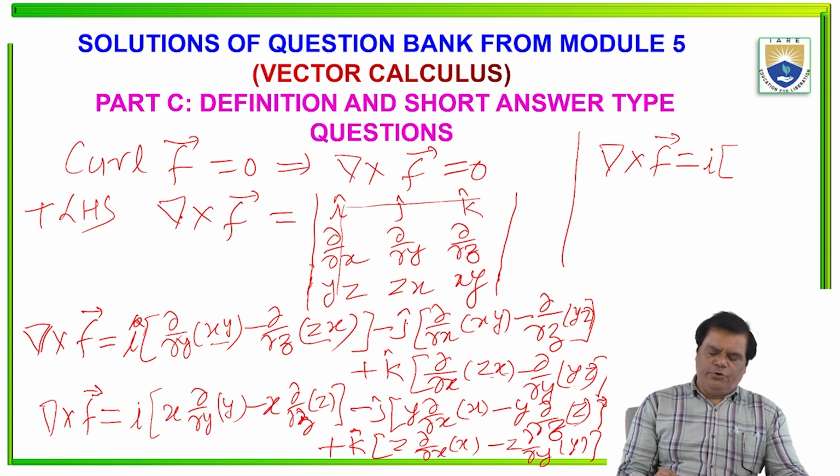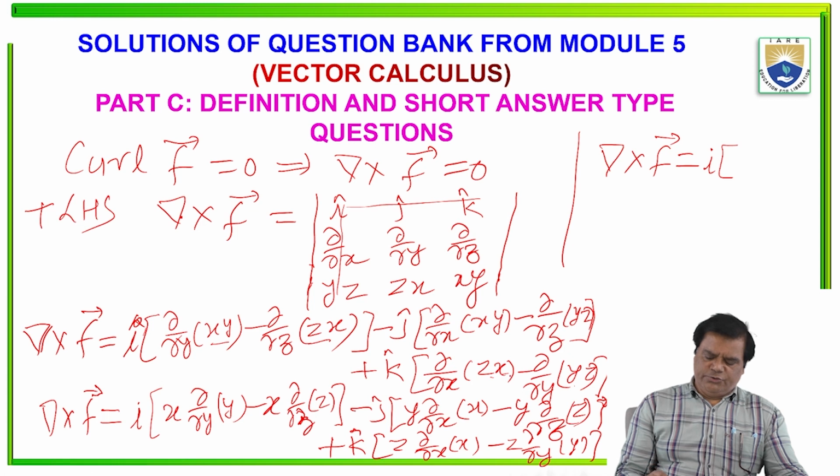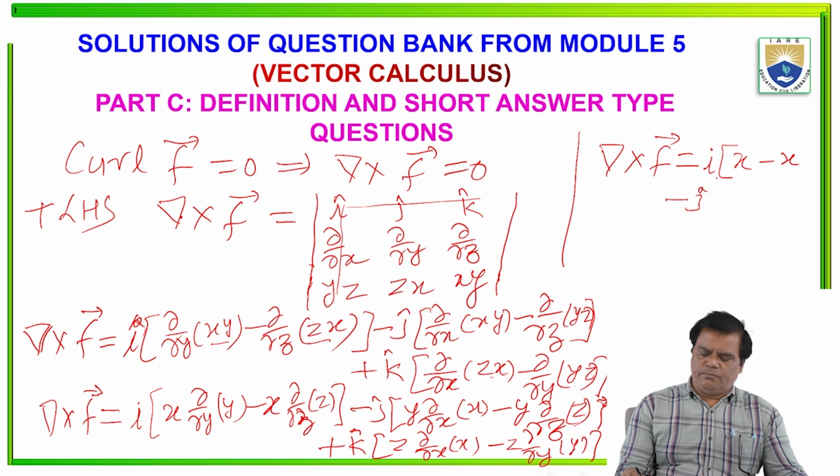For j: dou over dou x of xy and dou over dou z of yz, so y minus y. And plus k: z minus z.